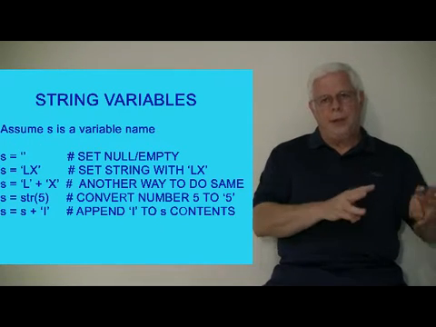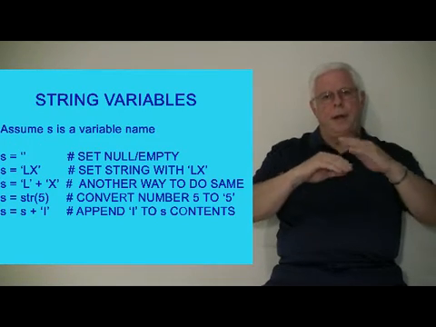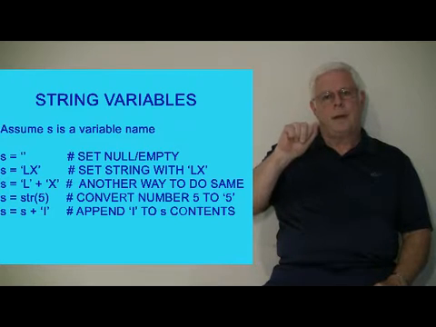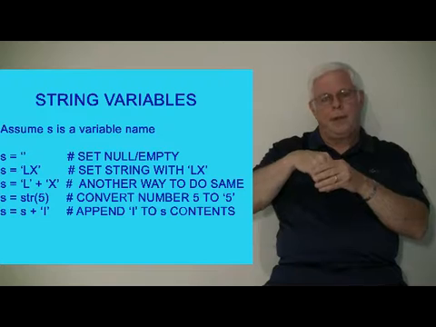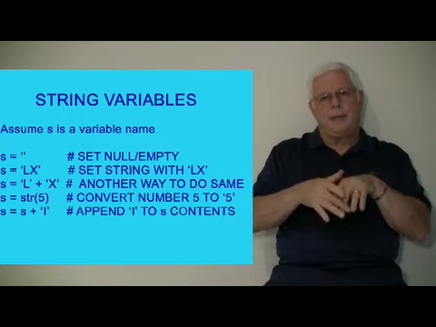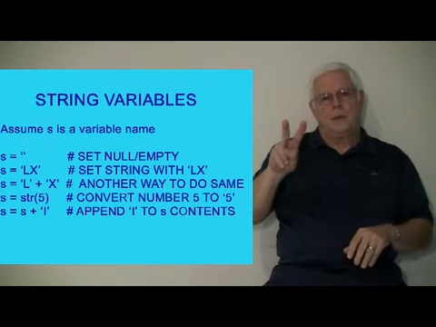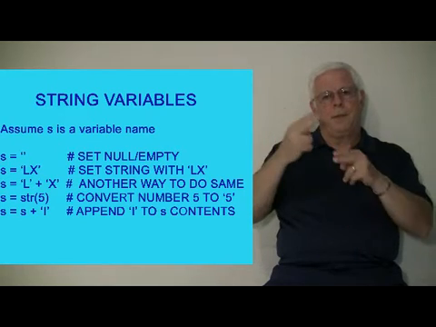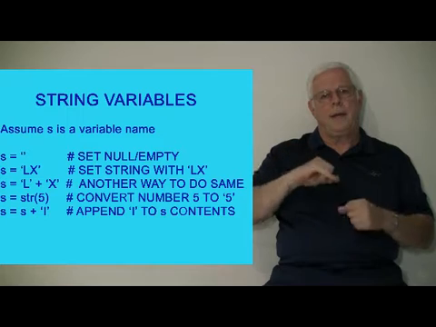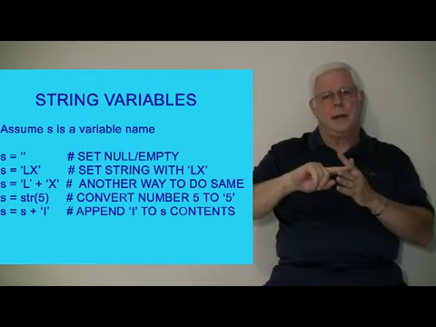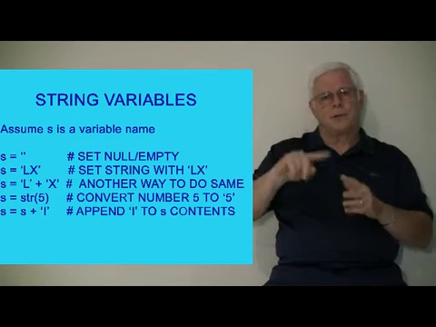There are different ways to build a variable with characters inside it. We start with an empty variable. So we can say variable name S is equal to quote quote. And that makes an empty variable to start with.